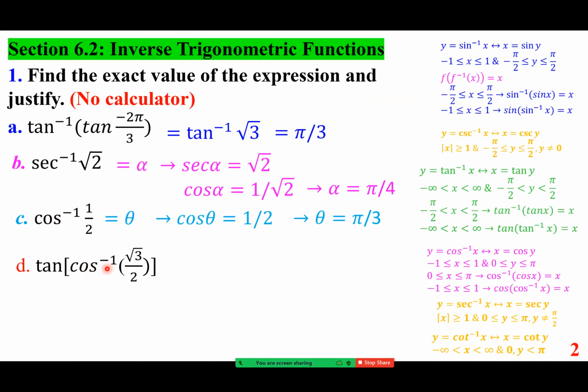Tan of cosine inverse of square root of 3 over 2. If we set this to be some angle, some arc, such as beta, by definition, cosine beta is square root of 3 over 2, and we are looking for tan of beta.